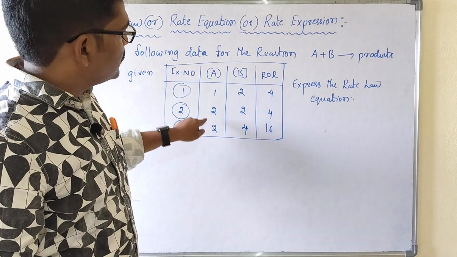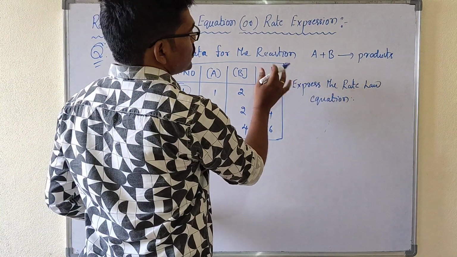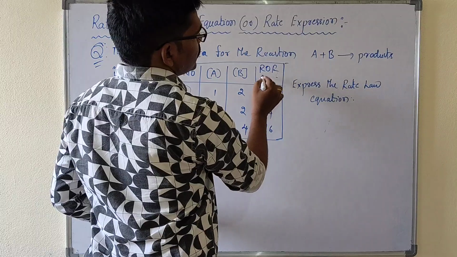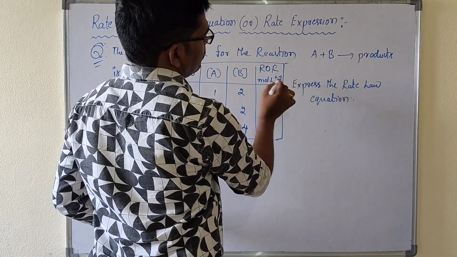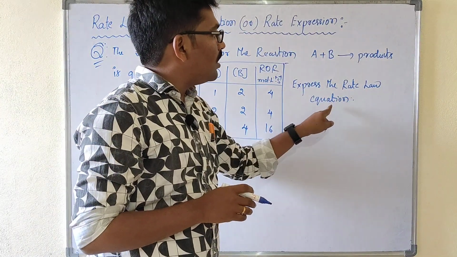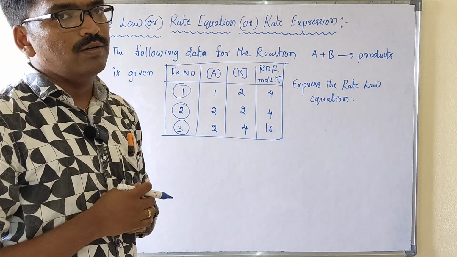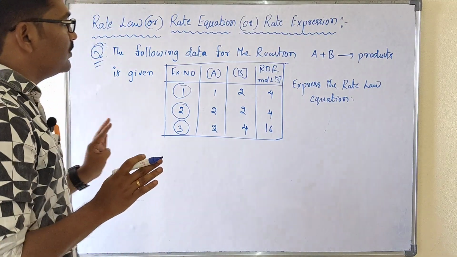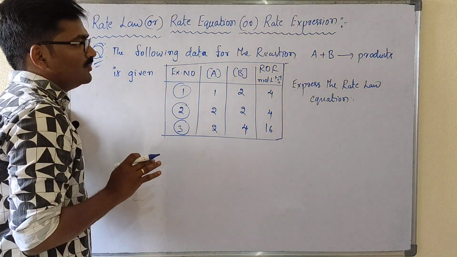Then A concentrations, B concentrations and rate of reaction in mol liter inverse second inverse are mentioned. Then express the rate law equation. When a table is given and we are asked to express the rate equation, how should we do it?